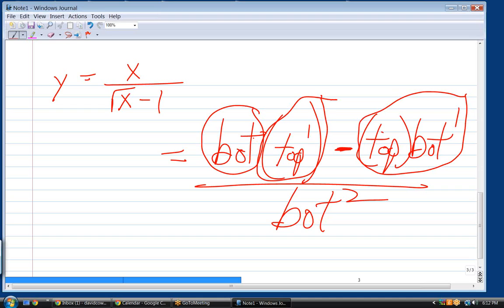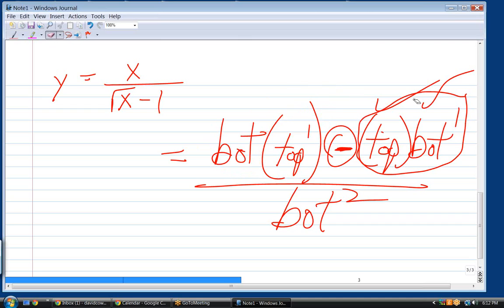So if you start with the bottom and end with the bottom squared, you're going to get this part right, this part right, this part, and this part. All right. Start with the bottom, end with the bottom squared. So, I'll leave that up there for the moment. So, what's the bottom?